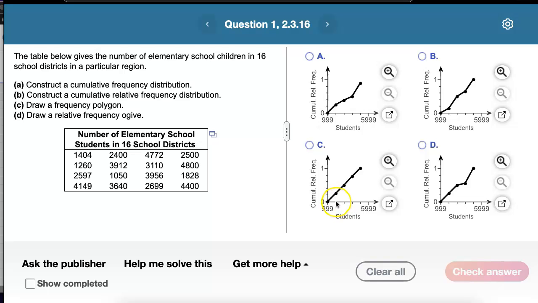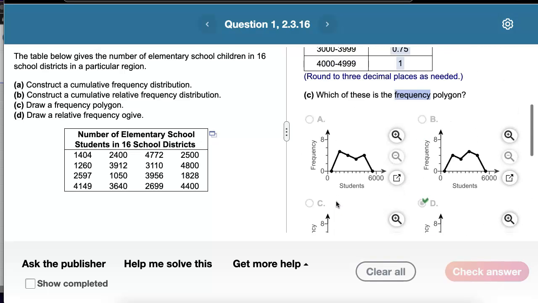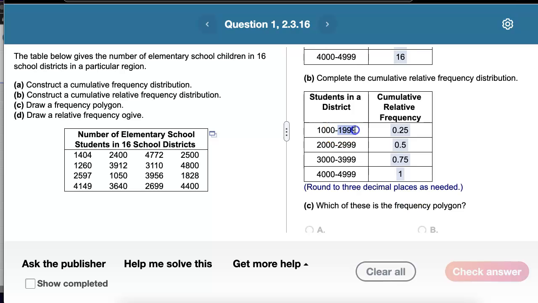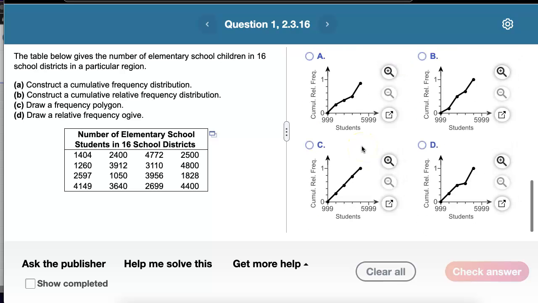So, for instance, the upper class limit here was 1,999, and so that's going to be the x value, and the y value is 0.25. So when I come down here to check, that should be pretty close to 1,999, just based off of what I see with my scale here. If this is about 1,000, for instance, and that's 0.25, 0.5, 0.75, and 1. You can see how those increase there.